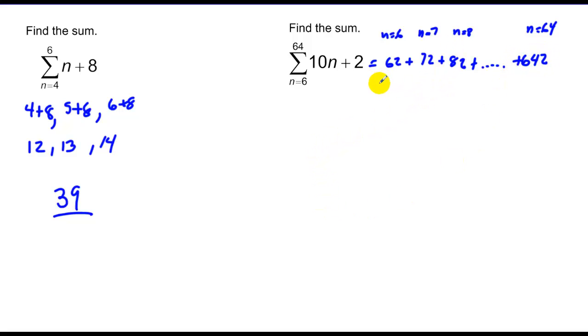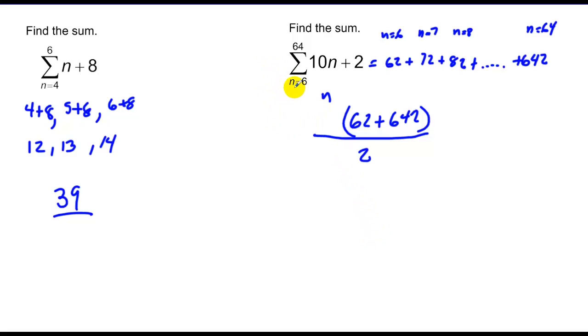It's clear to see that this is a pattern that's arithmetic, so it's an arithmetic series. But the question is, how many terms do I have? Because I have my first term, which is 62. I have my last term, which is 642. I'm going to divide that by 2, but I need how many terms are in the sequence.